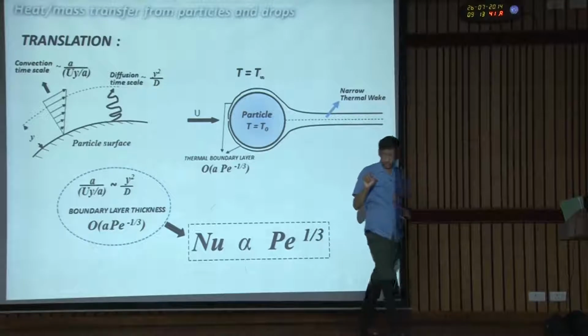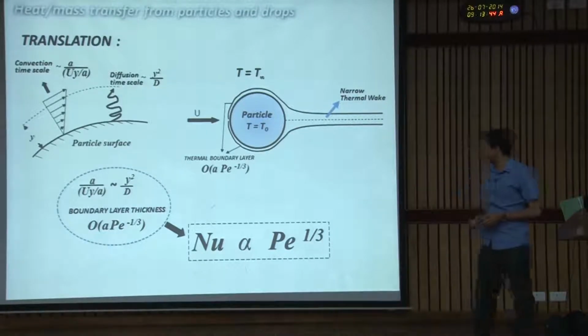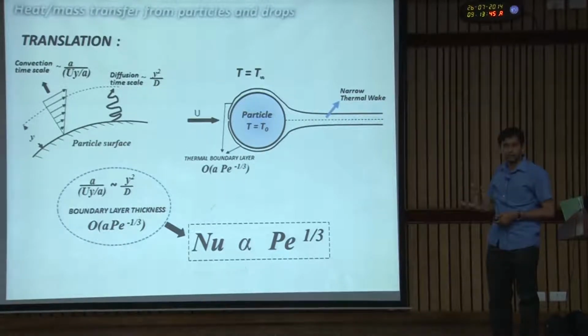That's a very short distance. So the gradient is very large, and the Nusselt scales with the temperature gradient. The temperature gradient scales with the inverse thickness of the boundary layer. So if we know the boundary layer thickness, the inverse of that thickness will immediately give us the heat transport and therefore the Nusselt number.